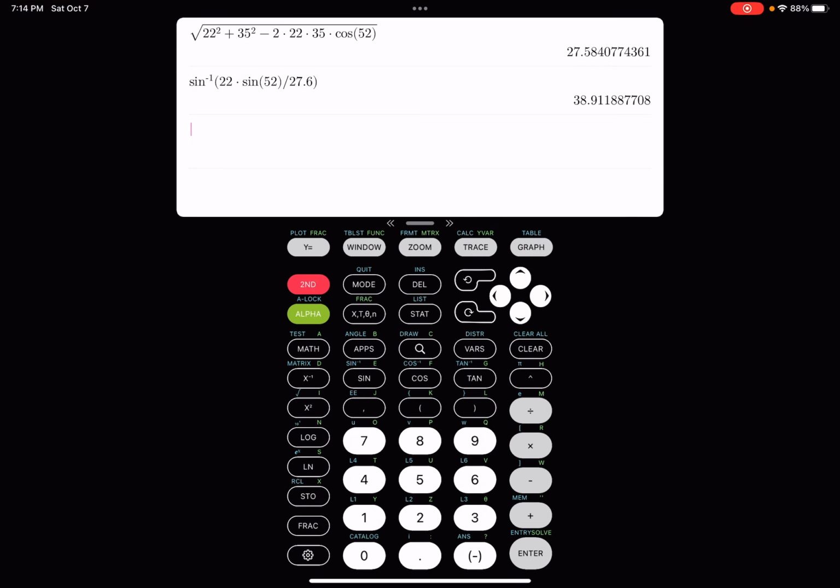So second, x squared, that's square root. Then we have 12.9 squared plus 15.4, all of it squared, minus 2 times 12.9 multiplied by 15.4, and then multiply by cosine 42.3 degrees.